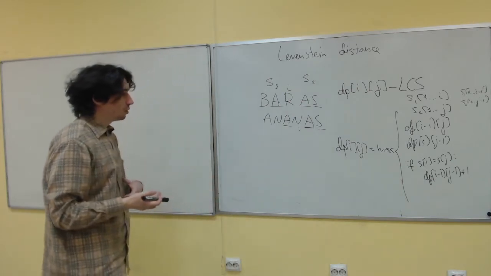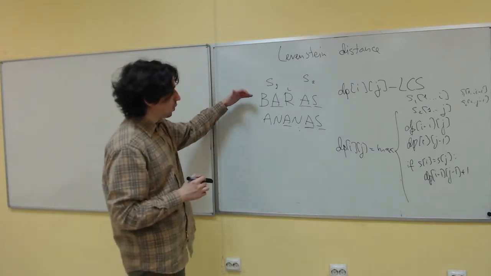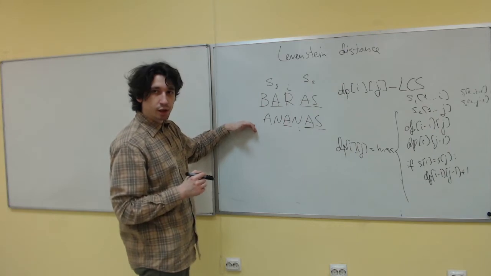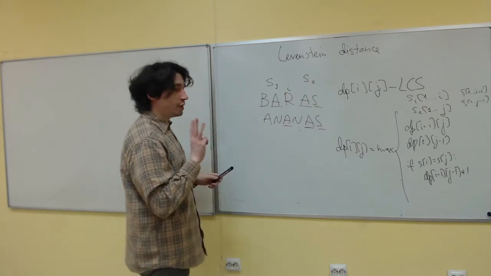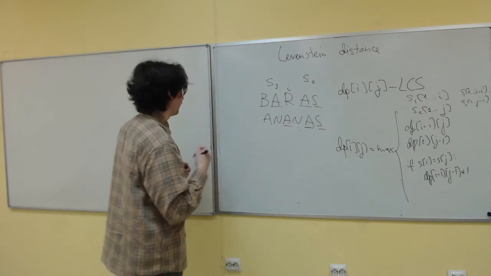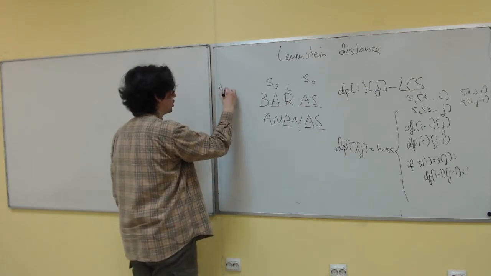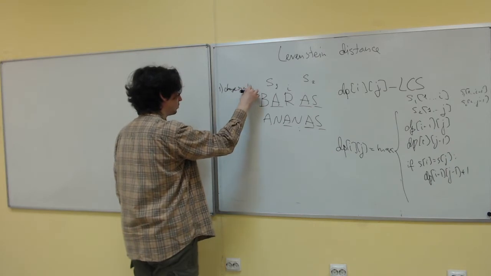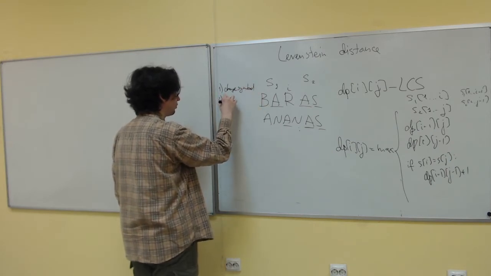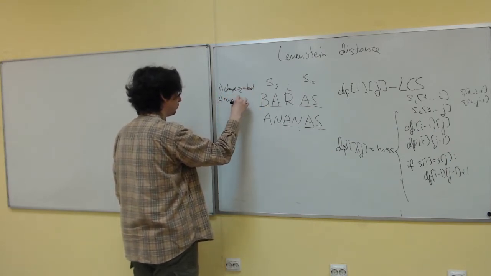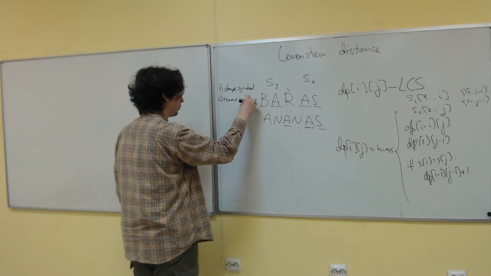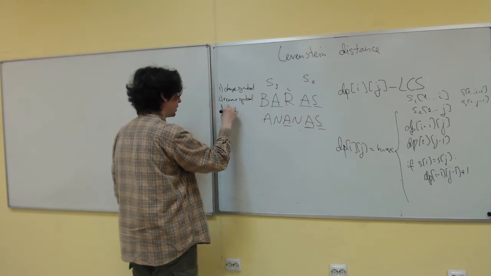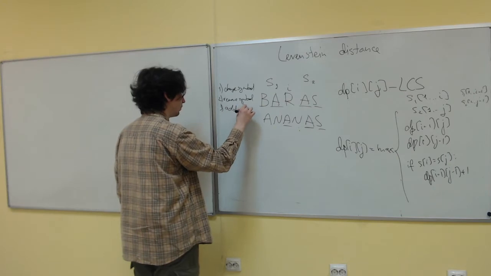Right now, we want to transform one string to another string by making three different operations. The first operation, change symbol. The second, remove symbol.